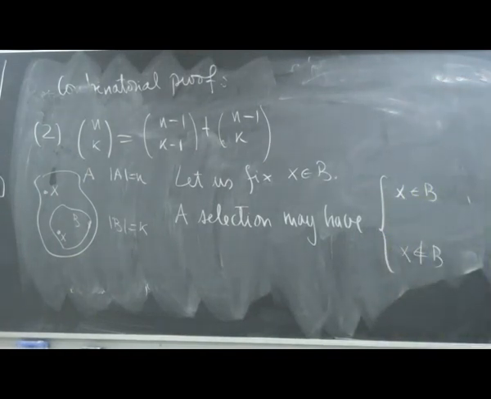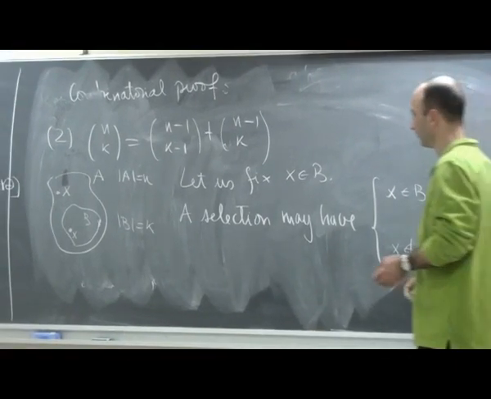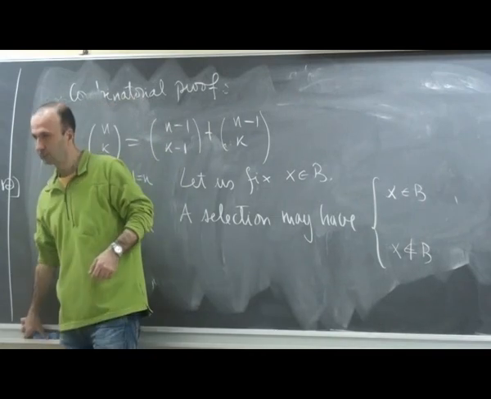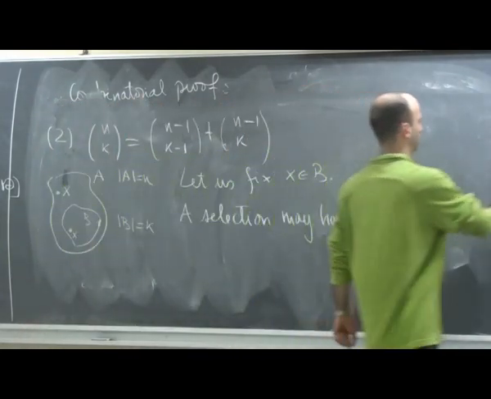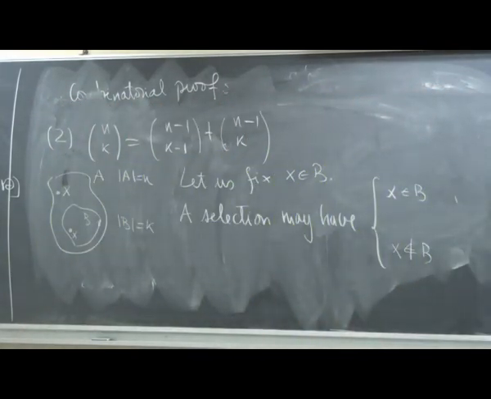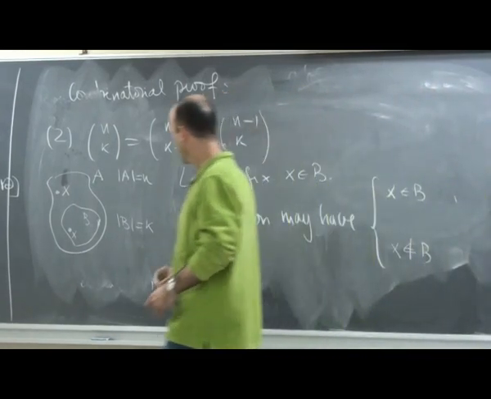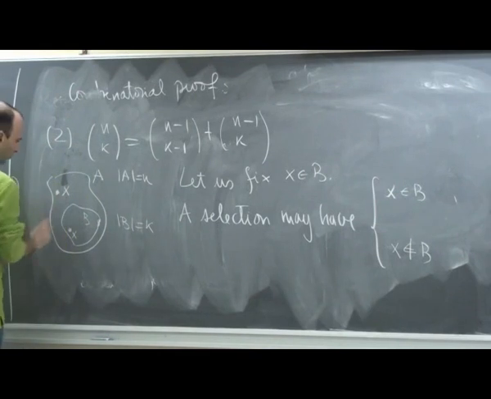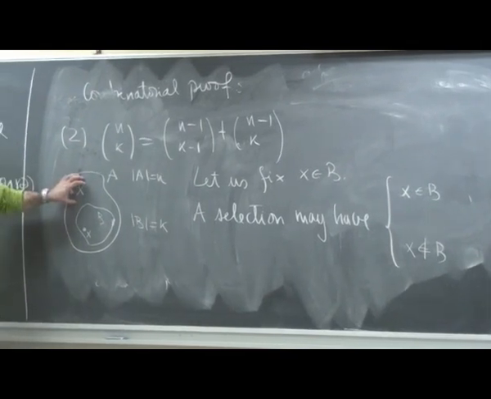So I'm going to count those selections having X and those selections not having X. Suppose I don't want X in my selection.